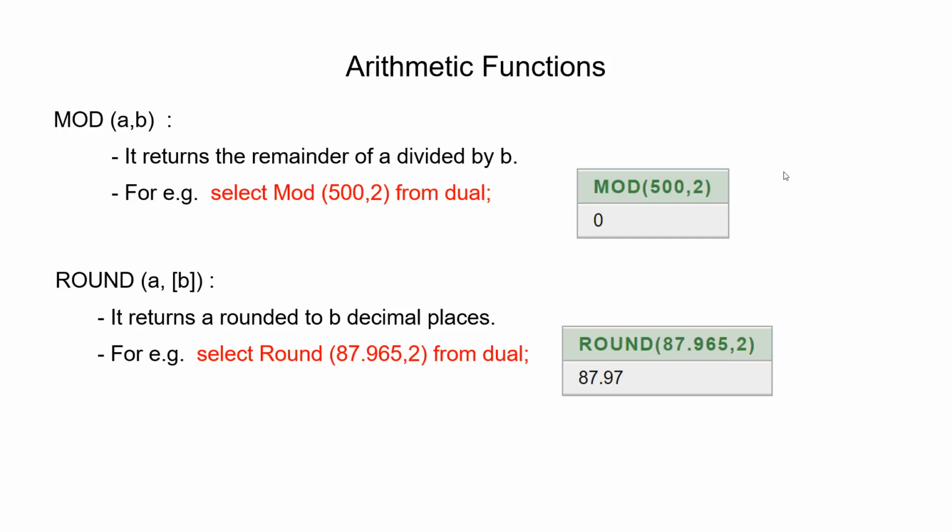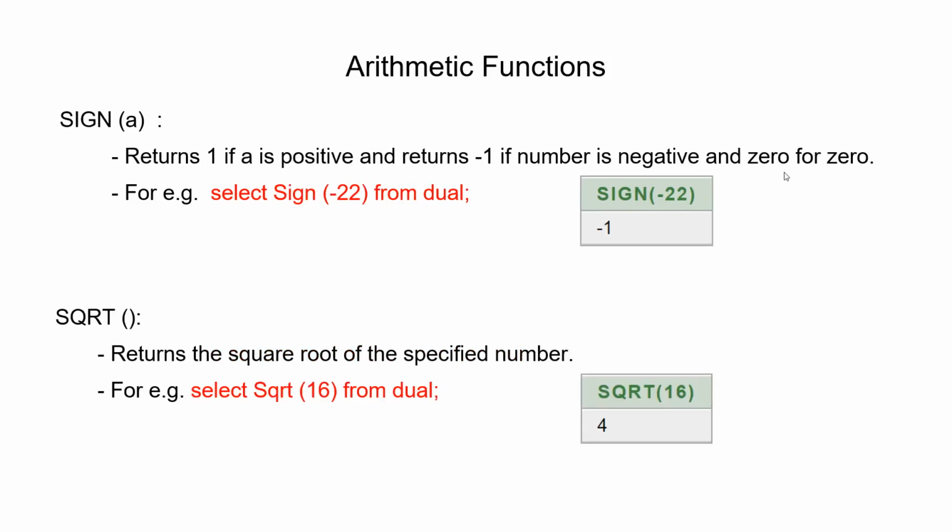So see the example, select round 87.965, 2. So here the decimal places are 2. So we have to round this number to 2 decimal places. Since the digit is 5 or more than 5, it will round that 6 to 7.